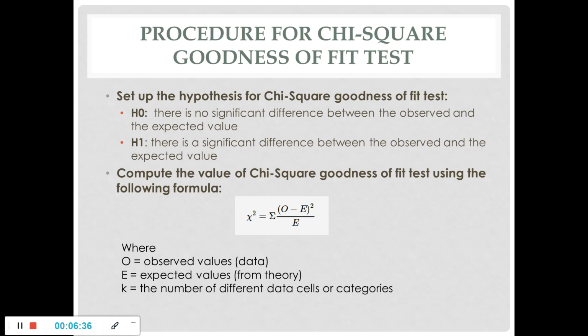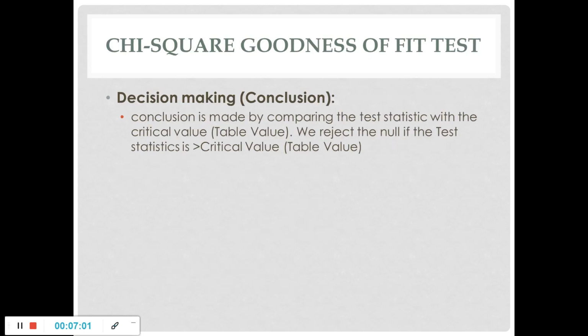Here O stands for the observed value, that is nothing but the sample data, and E represents the expected values, that is nothing but the theory, the assumed distribution or the population distribution.